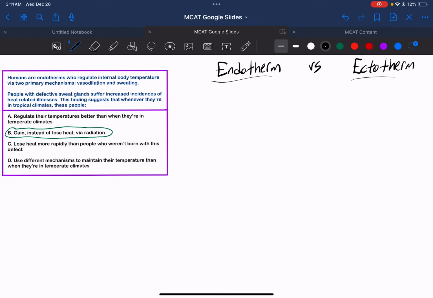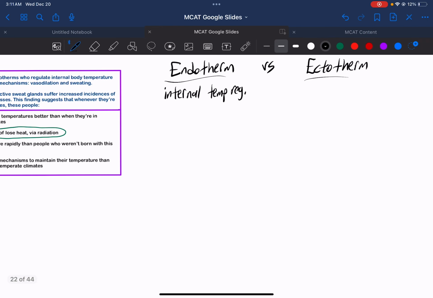Most humans, mammals, kind of things like that, are endotherms, meaning that they regulate their temperature internally. Versus ectotherms, I'm sure you can guess the opposite. They regulate their temperature externally, or better put, their internal temperature is based on the environment. They don't have internal mechanisms to regulate their temperature.